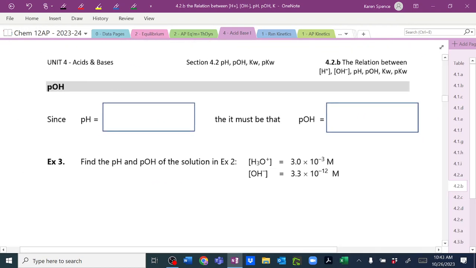Write down the formula for pH, and then write down the formula for pOH.